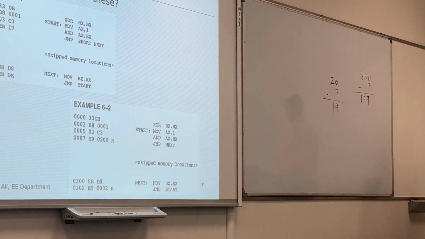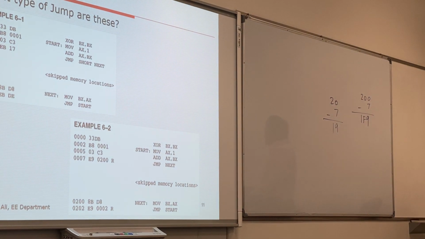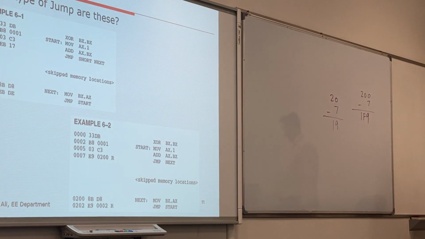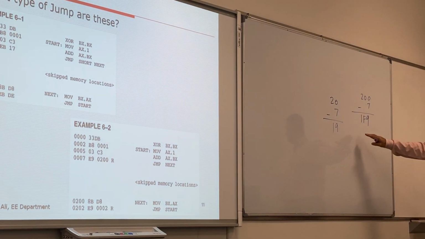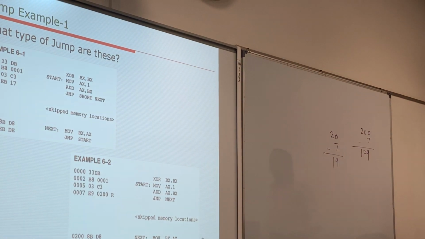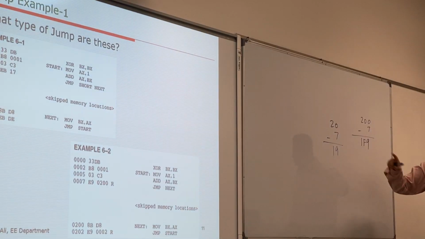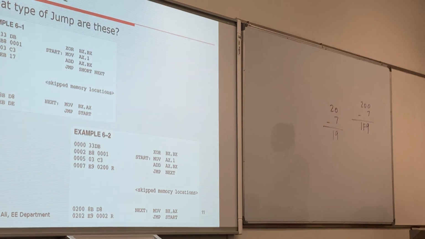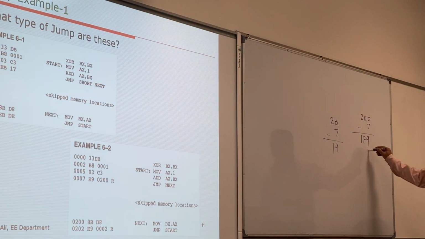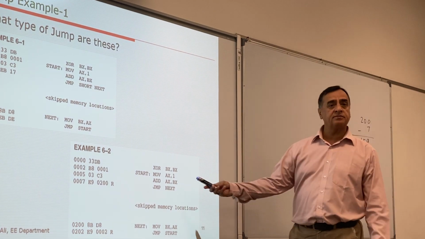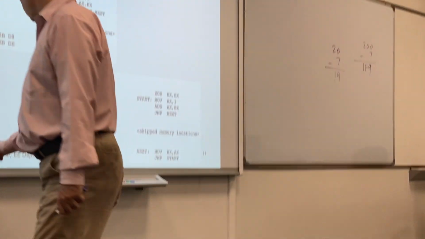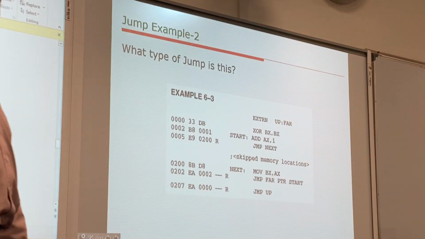Is it byte, word or double word? Is this double word? This is 3, so this is 888, 24 bits? No, this is a byte, 444, right? 12 bits. So it's more than a byte and less than 16 bits, right? So this is near. So this is a near jump here.